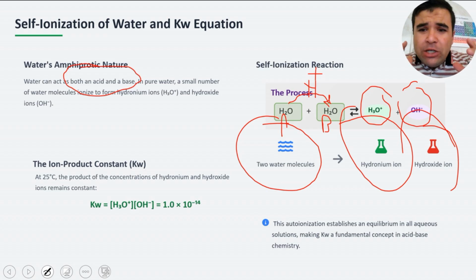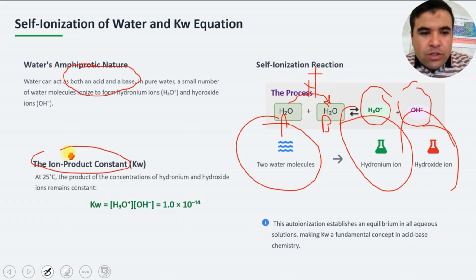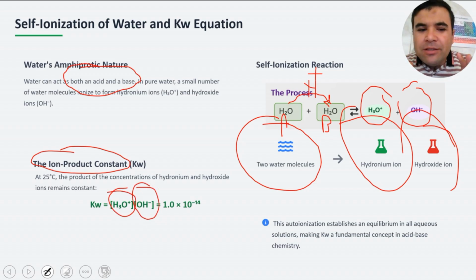When we have the formation of hydronium and hydroxide in pure water or other solutions, guys, there is a quantity we call the ion product constant, or the ionization constant of water, represented by Kw. The Kw is a constant value which can be calculated through the multiplication of hydronium and hydroxide concentrations. It represents the ionization degree of the pure water molecules, guys.